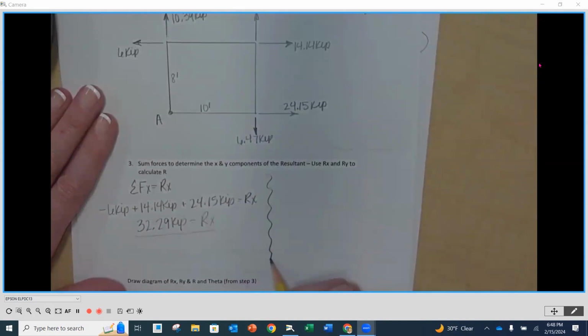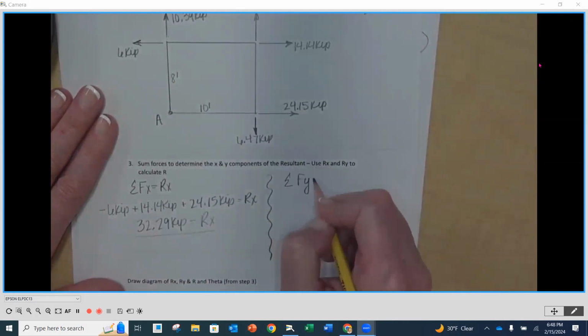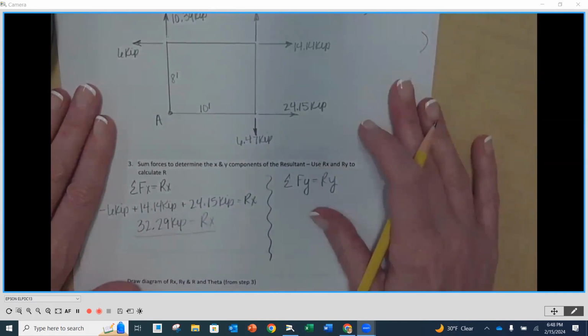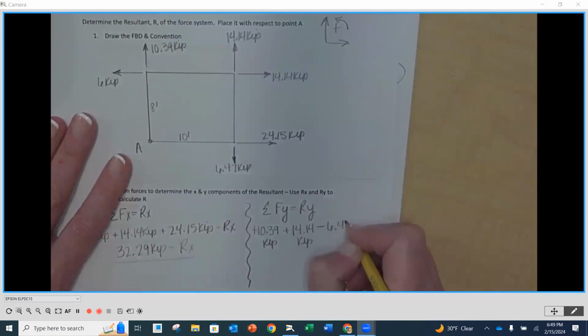And then our Y is going to be doing the very same thing, but now we're looking at those vertical forces. So the sum of forces in the Y direction is going to be equal to our resultant Y component. Vertically, we're going to have a positive 10.39 kips, I'm going to put kips down below because I don't have as much room here, plus 14.14 kips, and then minus 6.47 kips is equal to our resultant Y component.